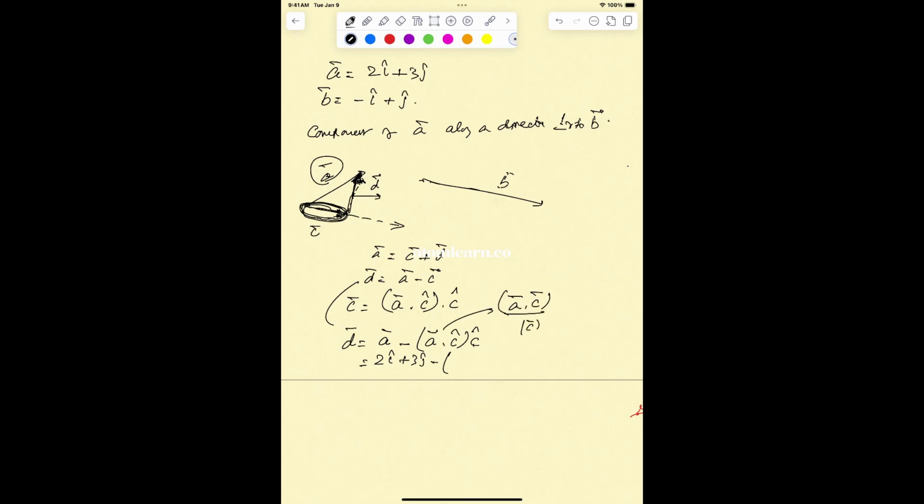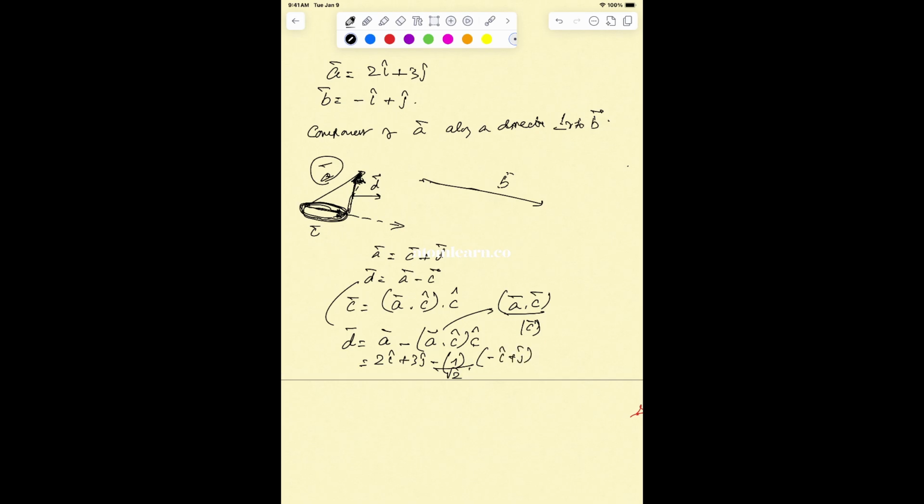Now this can be written: A dot C is minus 2 plus 3, equal to plus 1, right? Therefore 1 divided by the modulus of C, where C equals minus i cap plus j cap. What is the modulus? Root 2. This is the C vector multiplied by the C unit vector, which is nothing but minus i cap plus j cap divided by the modulus of C, root 2.